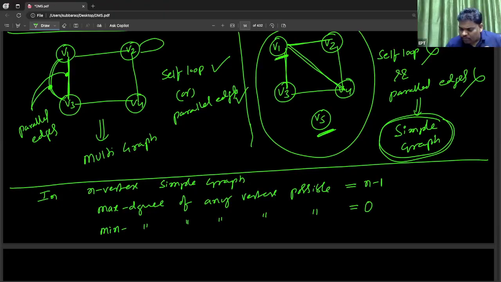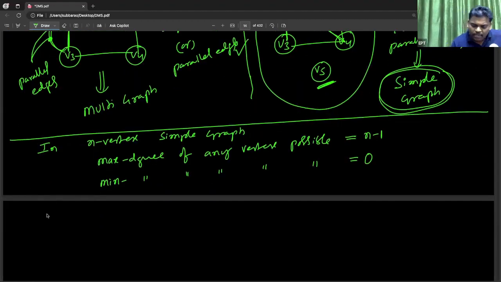Some people are asking, so sir, what about multigraph? Let me write that also.